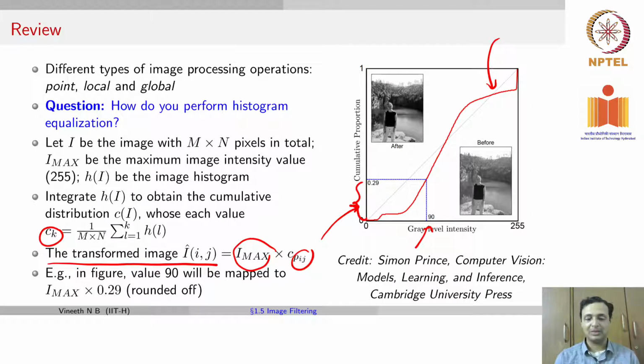That's the idea of histogram equalization. You can again read up the references for this course, either Szeliski's book or Forsyth's book, to understand more.